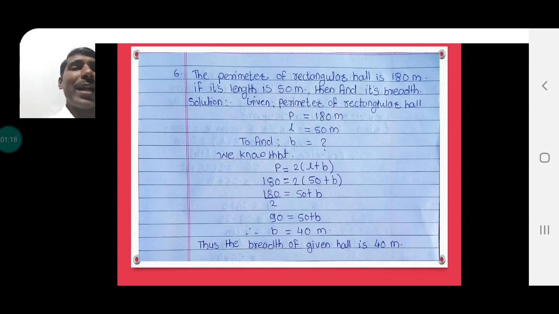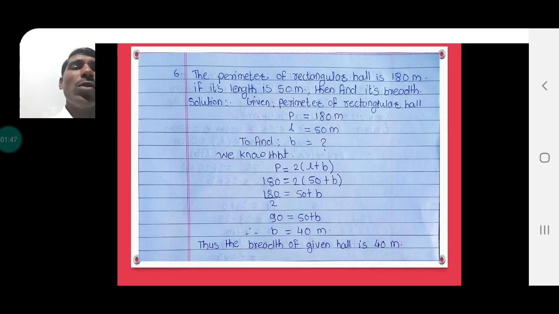Now we know that P is equal to 2 in bracket L plus B. So 180 is equal to, P's value is 180 meter, which is equal to 2 in bracket, L's value, length is equal to 50. So substituting the values in the formula, we get the expression 180 is equal to 2 in bracket 50 plus B.